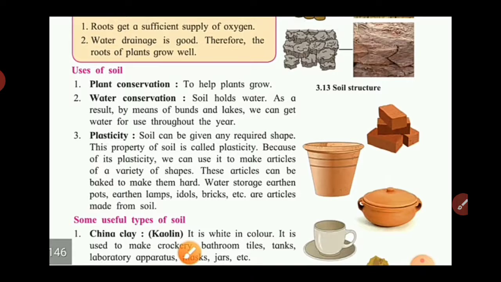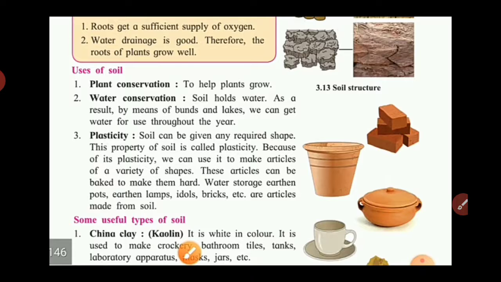So here we see the first use of the soil, that is plant conservation. What is the use of soil? First use, plant conservation, means the soil helps to prevent the loss of plants.